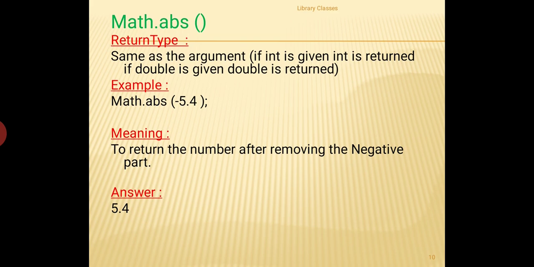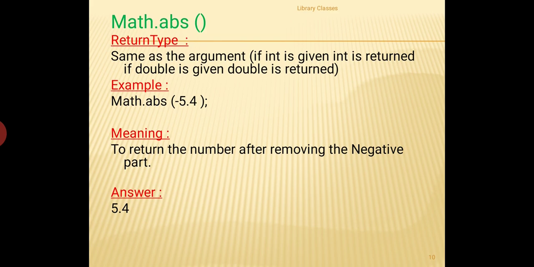Math.abs stands for absolute value. The return type is the same as the argument. If the argument is an integer, it will return an integer value. If the argument is a double, it returns a double value. Argument is what is between the brackets.